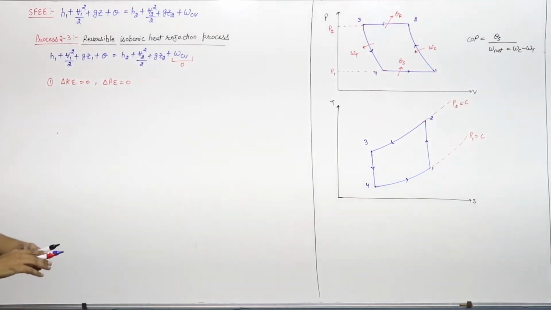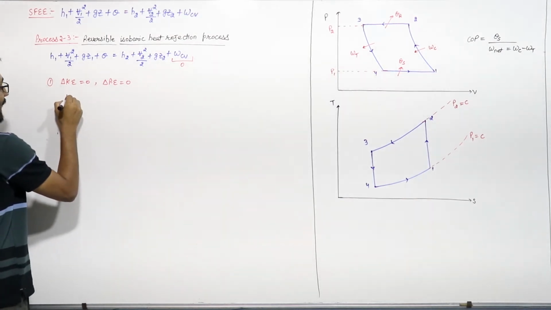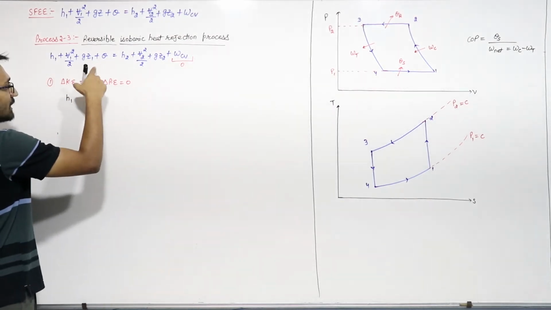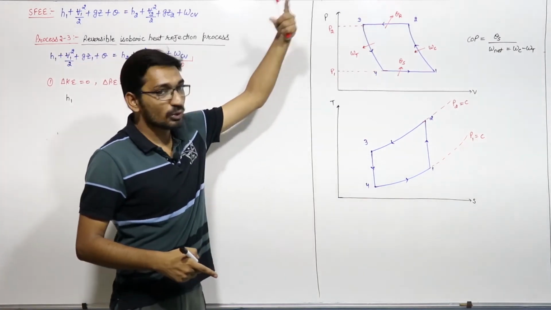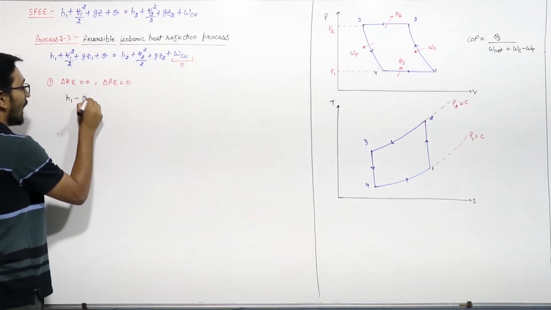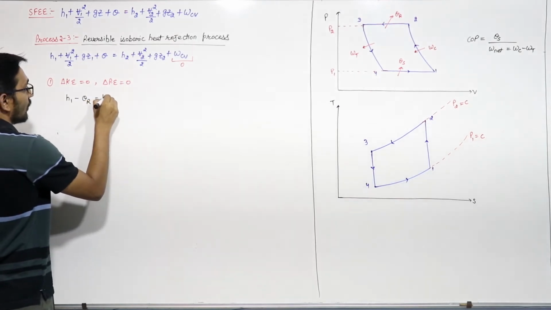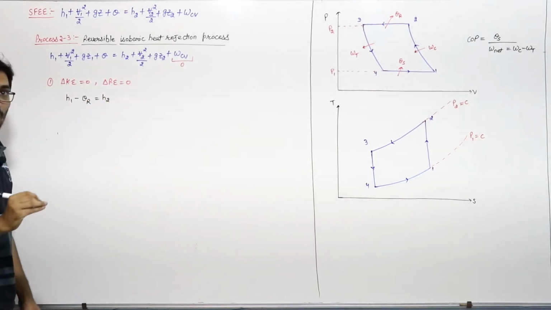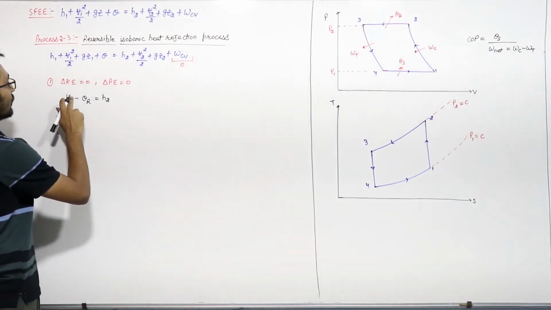So this steady flow energy equation will be equal to H1. Q is the heat added to the system, but now heat is going out of the system. So this will be H1 minus QR, the heat rejected, is equal to H2. So from here you can write, note 1.